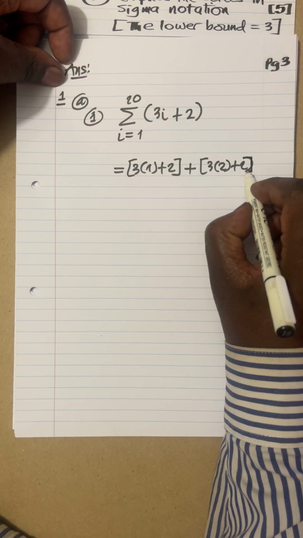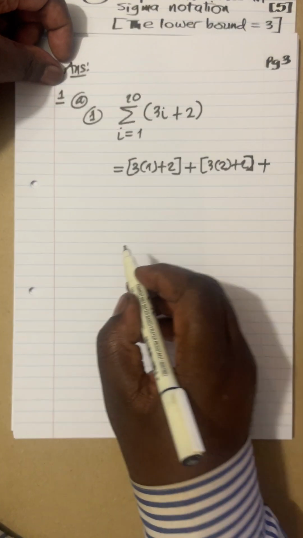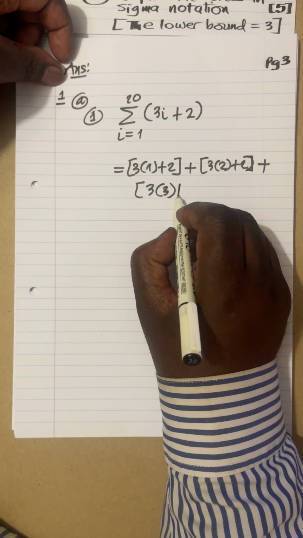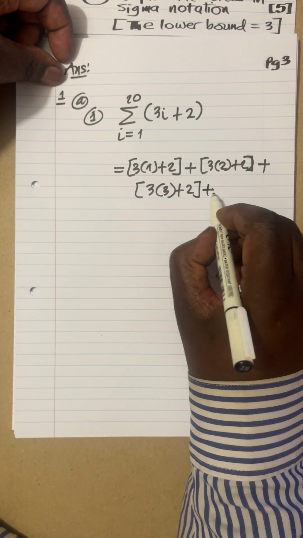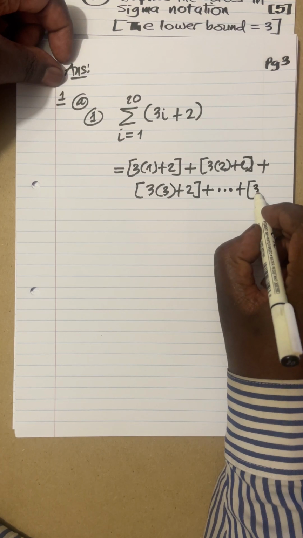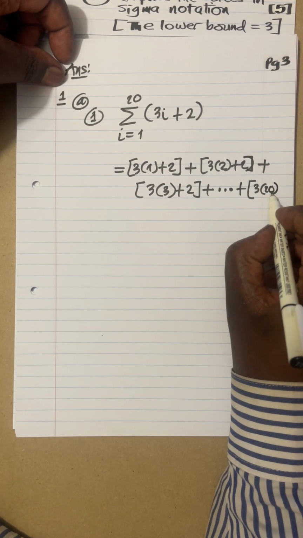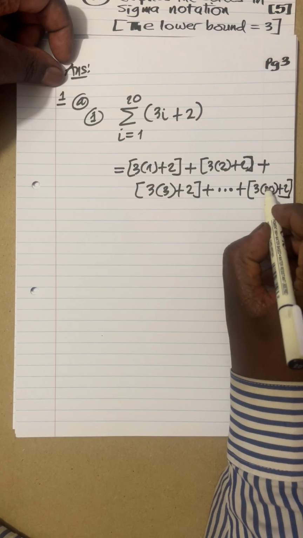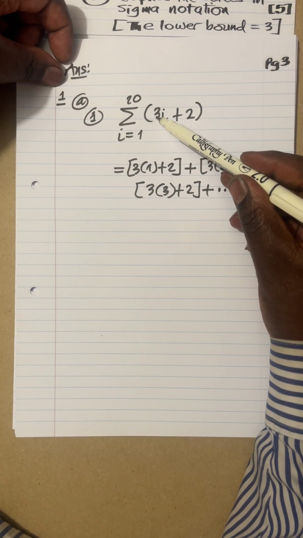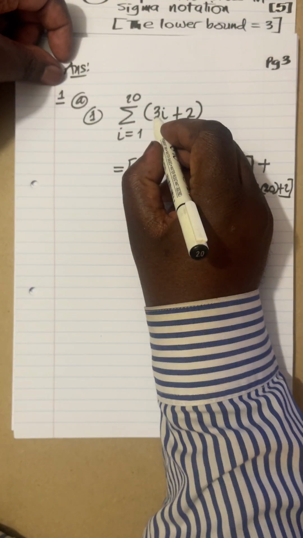Let me use a square bracket here, and then plus. The third term is going to be 3 times 3 plus 2, and then plus. The last term is going to be obviously 3 times 20 plus 2. Remember, in the place of i, we put 1, 2, 3 all the way up to 20.